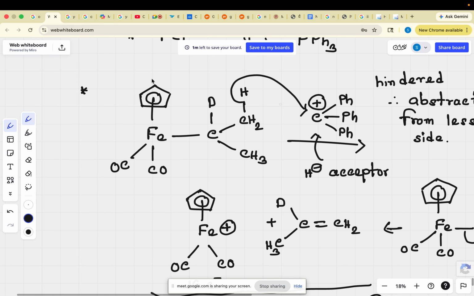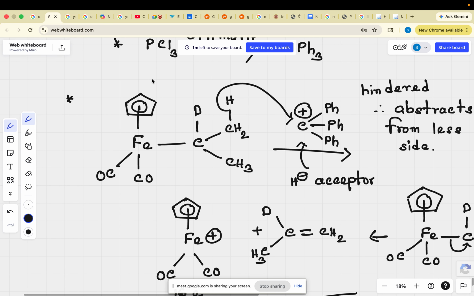Because hydrogen is smaller in size, na? If you compare deuterium with hydrogen, hydrogen is smaller, so it will move faster, not deuterium.